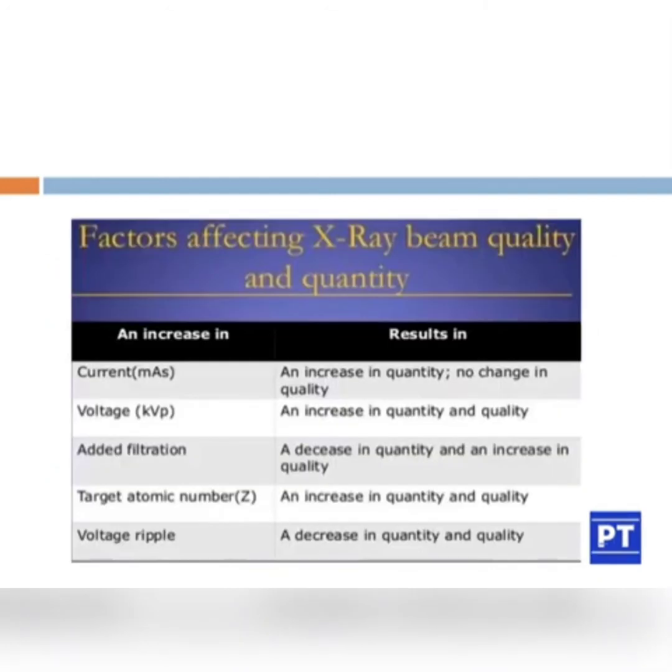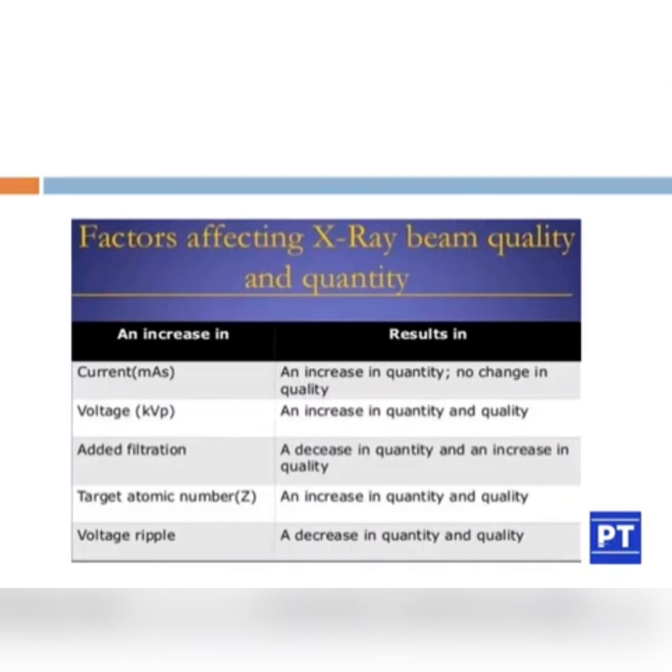So another factor which affects the X-ray beam quality and quantity is the current. Current is mAs. mAs means milliampere second, tube current multiplied by S, the exposure time.